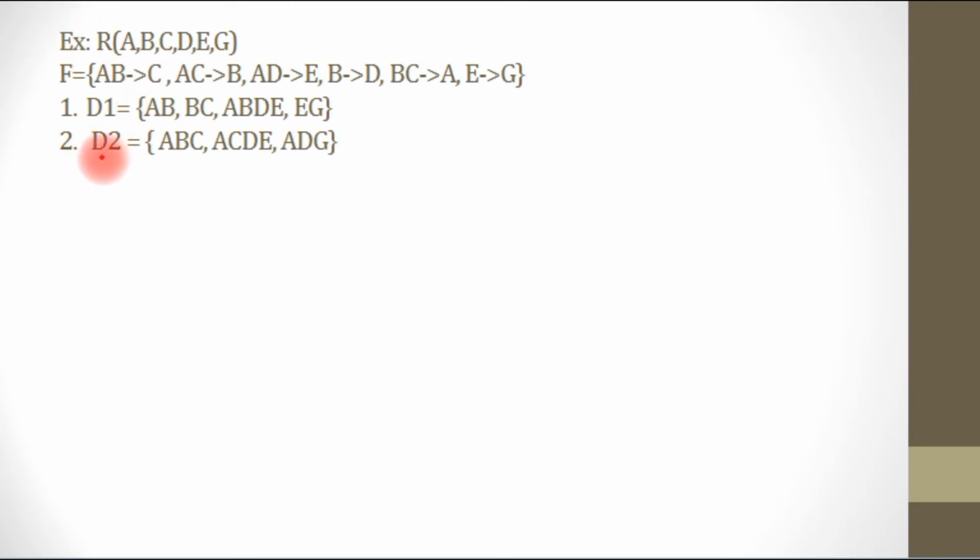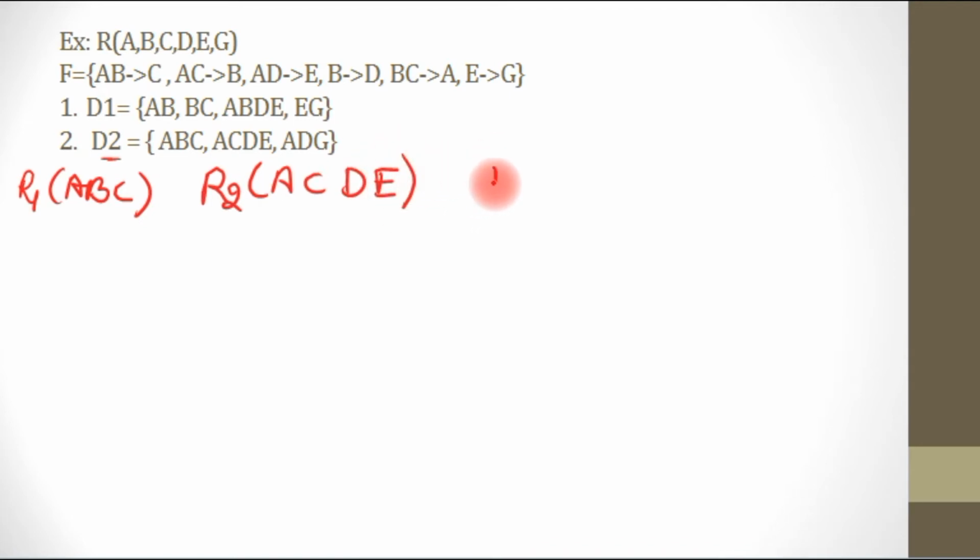Now check whether this decomposition is lossless or lossy. So for this write R1 ABC, R2 A, C, D, E, R3 A, D, G. So first condition is that we have to check whether these subrelations cover all the attributes of the original relation or not.